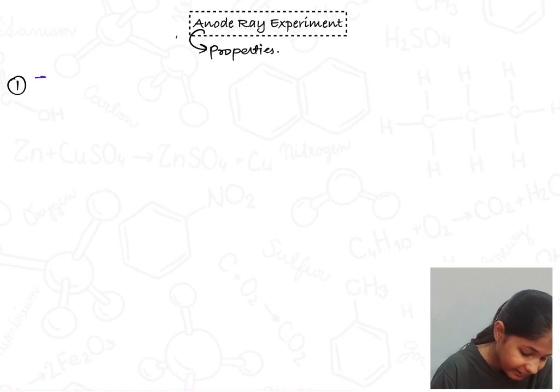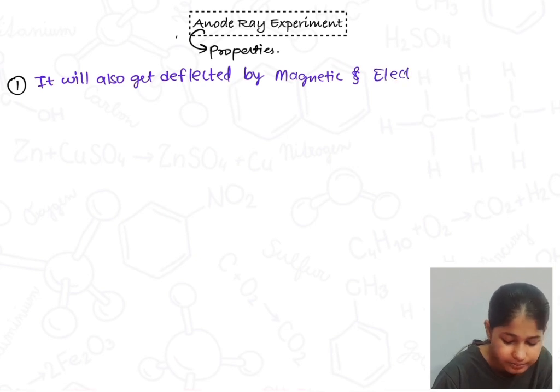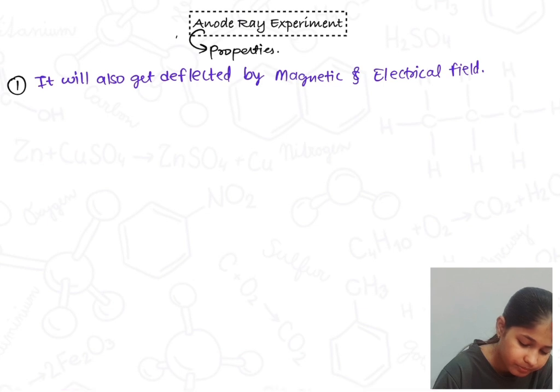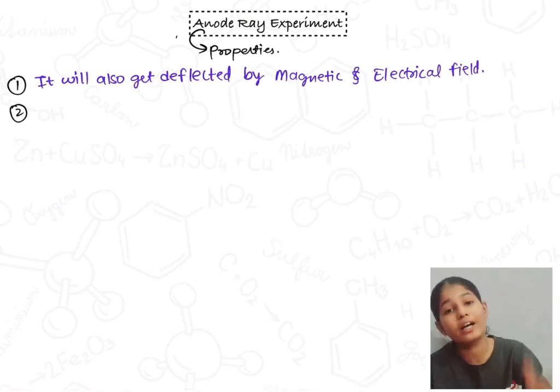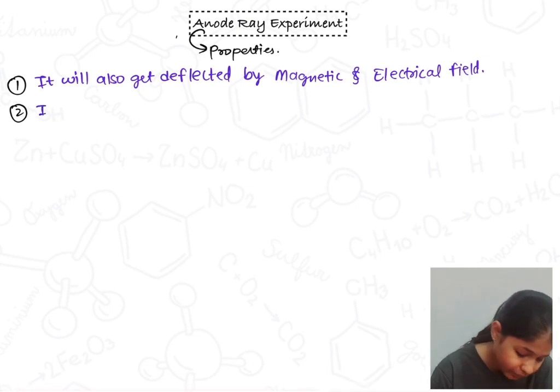Yes, the anode ray will also get deflected by the magnetic and electrical field. Second, it also carries momentum, means its particles also have their own mass and velocity.